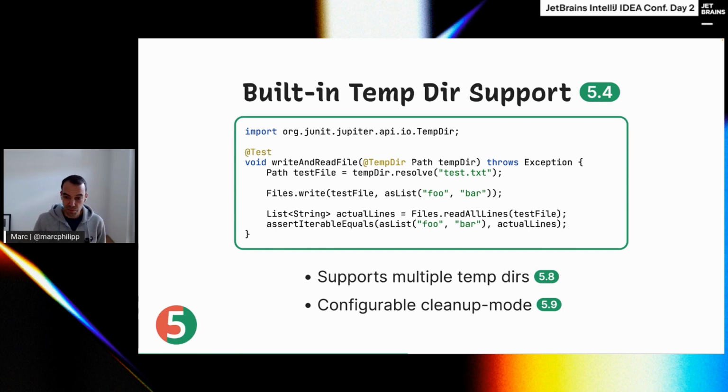It supports multiple tempdirs since 5.8. So if you have 2 parameters here with tempdir, you get 2 of them. And you can even configure the cleanup mode since 5.9. By default, it cleans up all the files in the tempdir, but you could change that to never clean up or to only clean up if the test was successful. For example, if it failed, you might want to look at those files and see what actually happened.